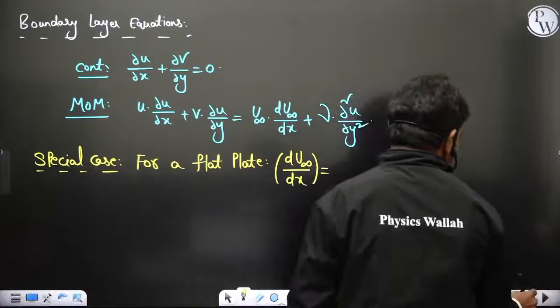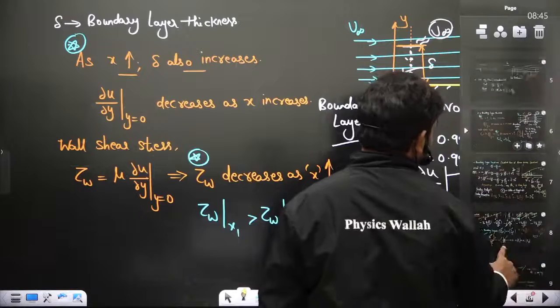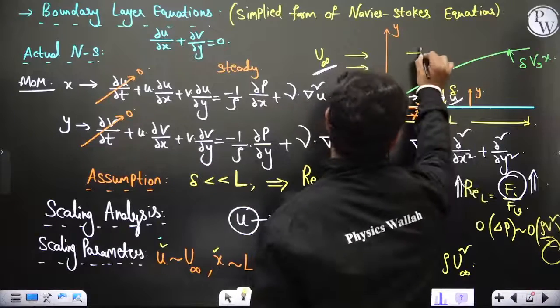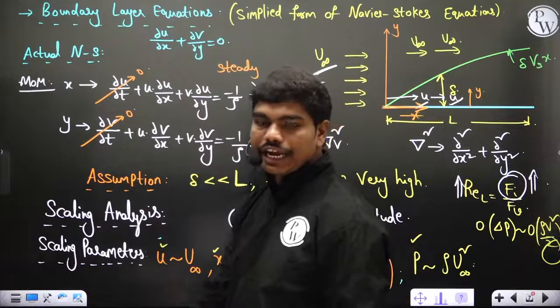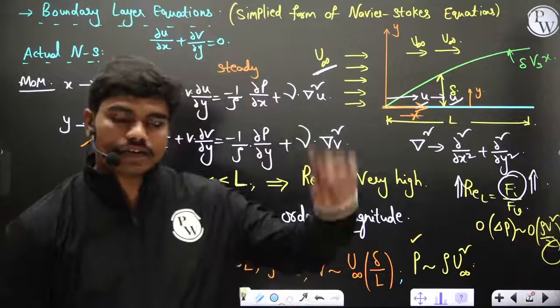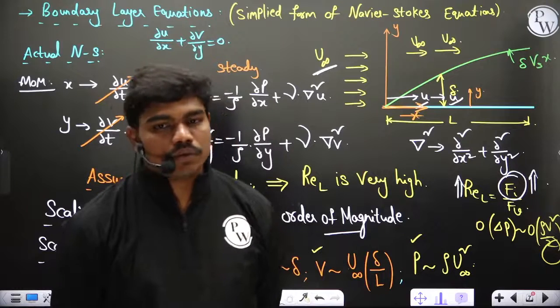For example, if you have a flat plate like this, outside the boundary layer, this is u infinity. So what is du infinity by dx for a flat plate outside the boundary layer? In the far field, not in the boundary layer, somewhere far away. What is that value for a flat plate?